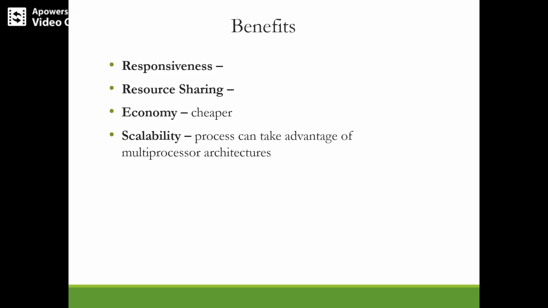The benefit of multi-threading can be greatly increased in a multiprocessor architecture, where each thread can run in parallel on a different processor. A single-threaded process can run only on one CPU, no matter how many are available. But in multi-threading, we can increase the concurrency, so many tasks can be performed concurrently.